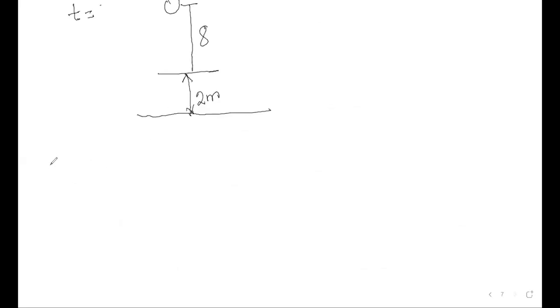So H is equal to UT minus half JT squared. Now H is 8, and so the time will be 20T minus half times 10 times T squared. Please calculate this value of T for me.